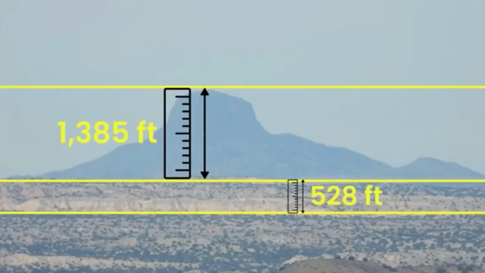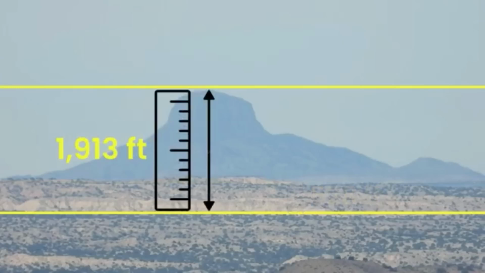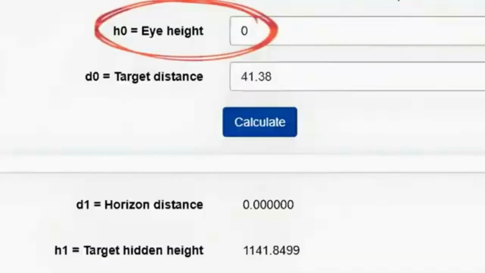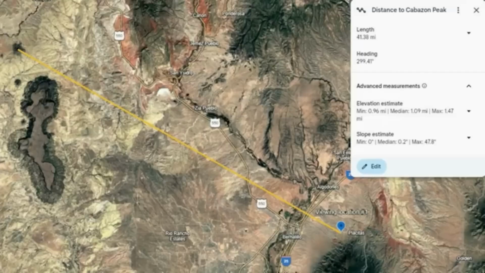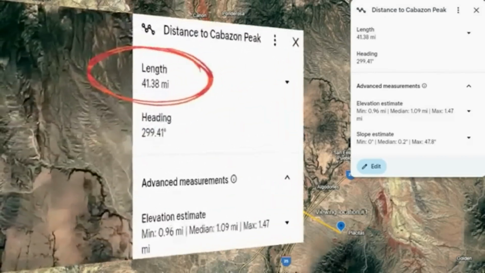My viewing height is 528 feet below the bottom's elevation, the total equaling 1,913 feet. The eye height stays at 0. The distance from my viewing location is 41.38 miles.